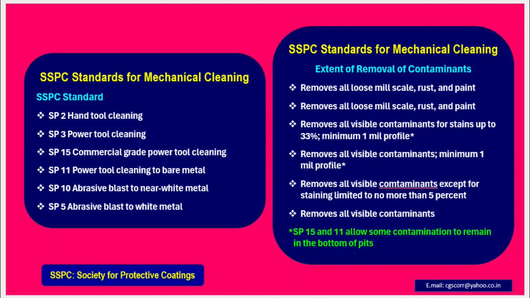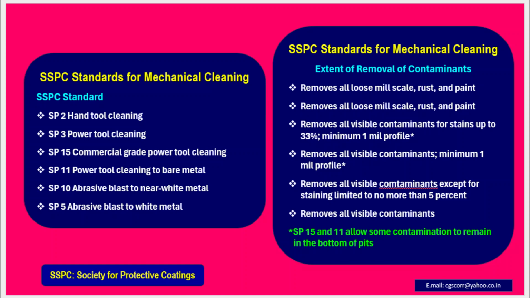Next one is SSPC standards for mechanical cleaning, extent of removal of contaminants. Removes all loose mill scale, rust and paint. Remove all loose mill scale, rust and paint. Remove all visible contaminants for stains up to 33%, minimum 1 mil profile.